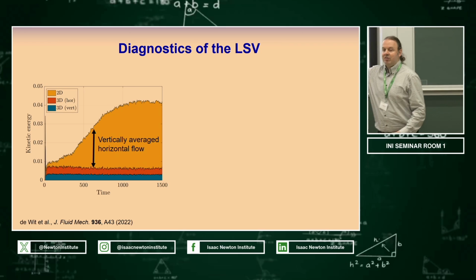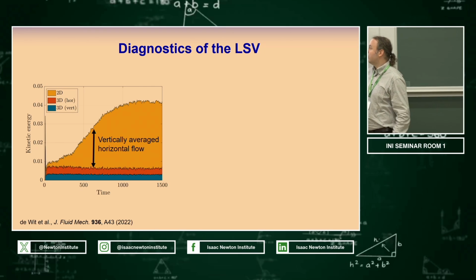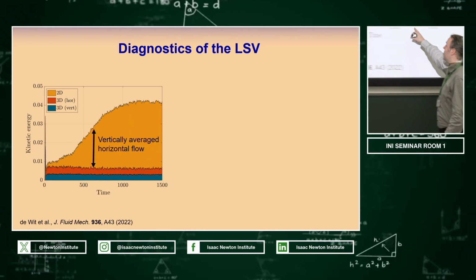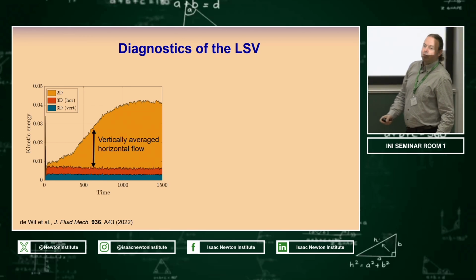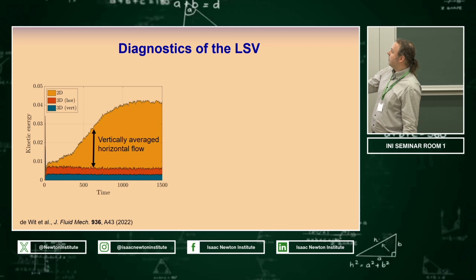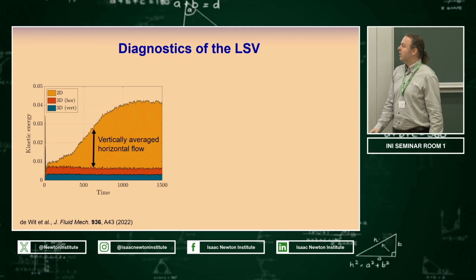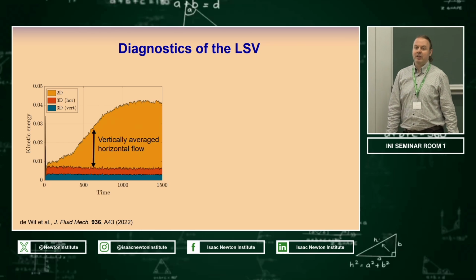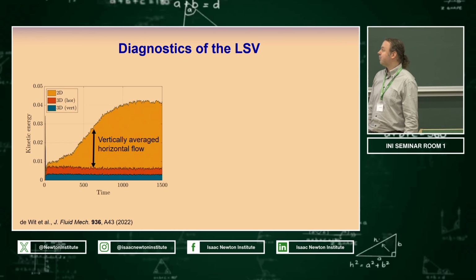For a typical simulation, I show here the kinetic energy as a function of time, where we split up the total energy into the 2D mode, the yellow color, and the 3D contributions, also split up in horizontal and vertical contributions.